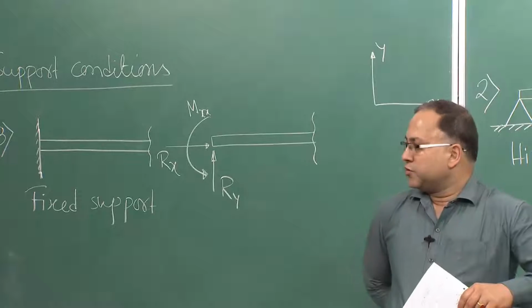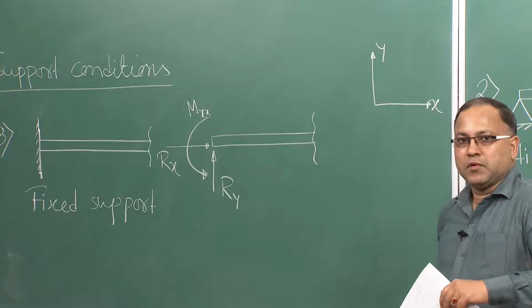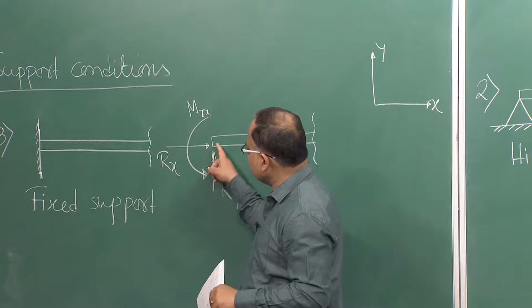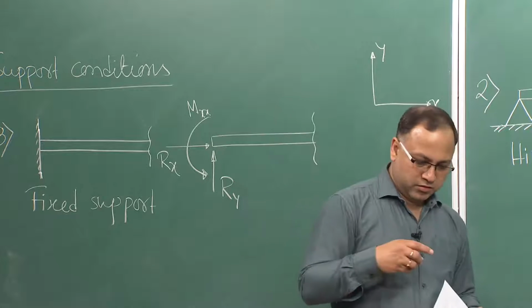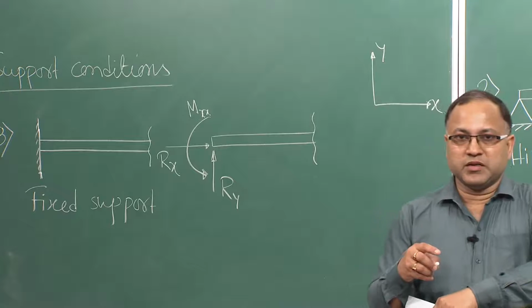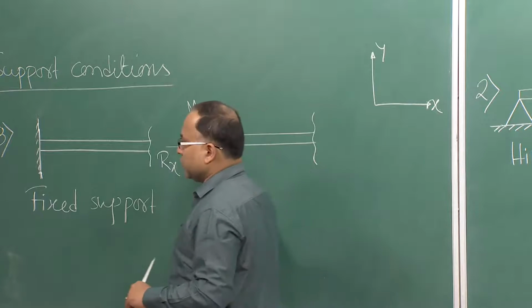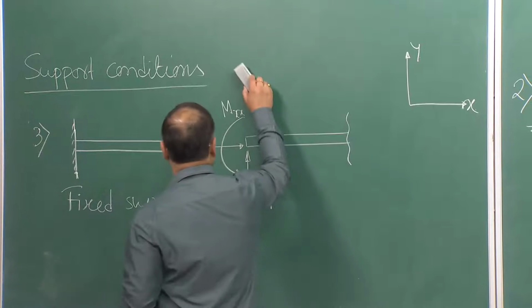So, all the reactions, because it is not allowing the rotation, the vertical movement, or the horizontal movement. Therefore, I should get the components of all the reactive forces here.